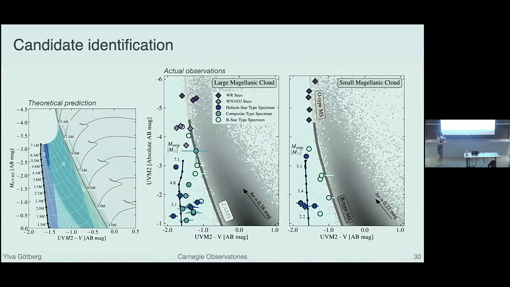So if you want to know what is the absolute magnitude, you need to know the distance. And so to say that the star is confidently with UV excess, or it's just some main sequence massive star, you really need to know the distance. And so this is why we don't have a galactic sample yet. And also because there's a lot of extinction in the galaxy, making it harder.